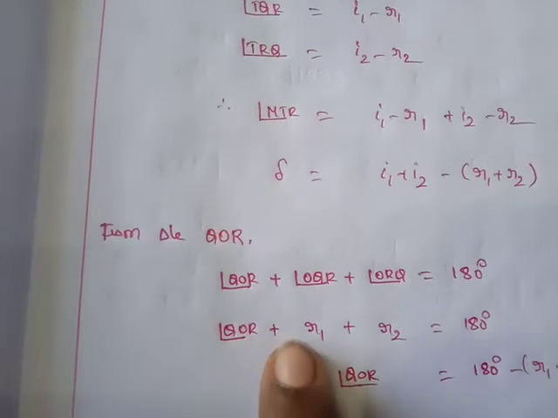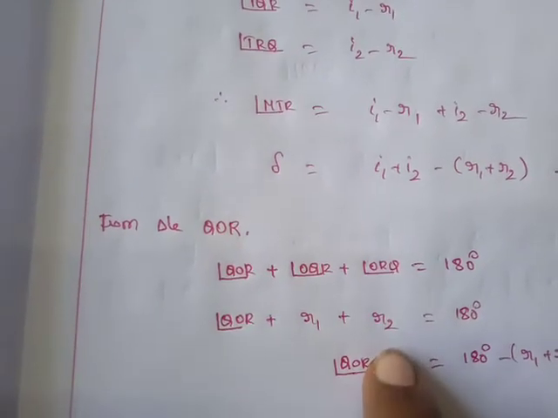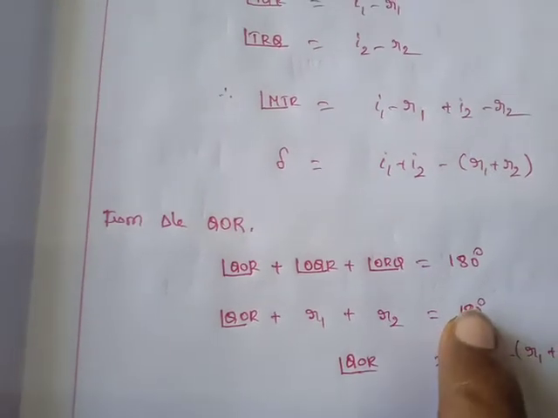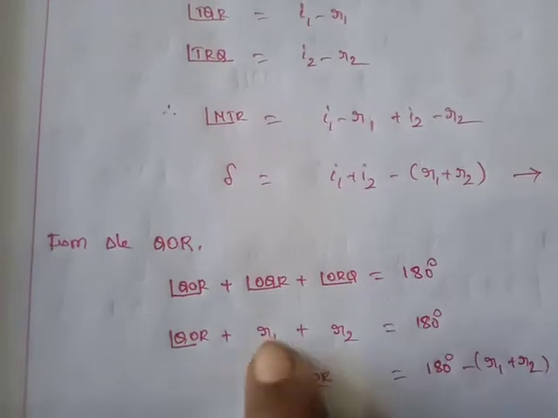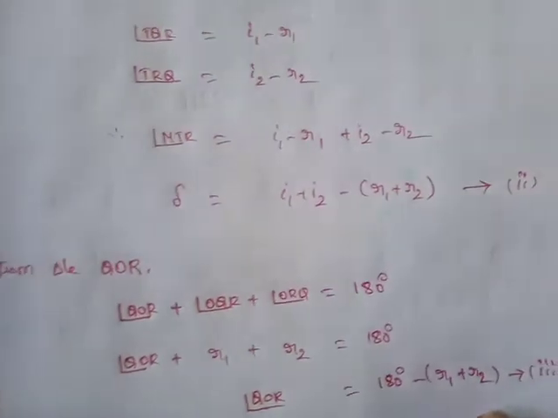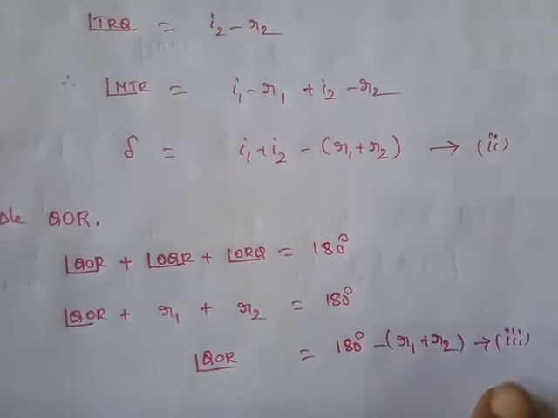Angle QOR plus OQR, which is R1, plus angle ORQ, which is R2, is equal to 180 degrees. Therefore, angle QOR is equal to 180 degrees minus of R1 plus R2. This is equation 3.